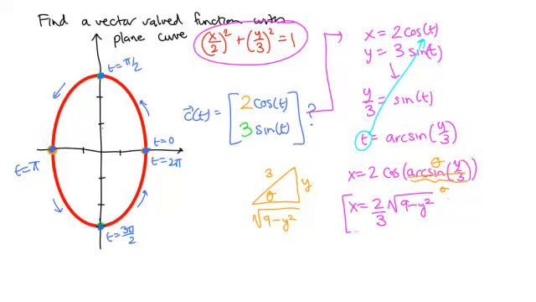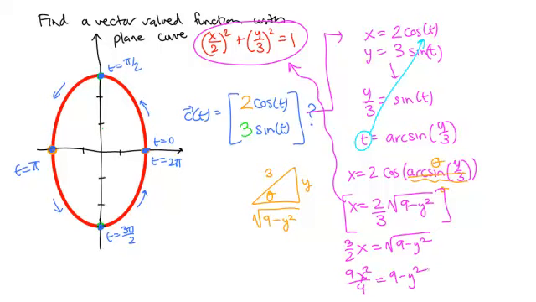Now this equation right here only has x's and y's, but it doesn't look an awful lot like the original equation. But let me multiply both sides through by 3 halves. So I'm going to have 3 halves x is equal to the square root of 9 minus y squared. And then I'll square both sides. That will get me 9x squared over 4 is equal to 9 minus y squared.